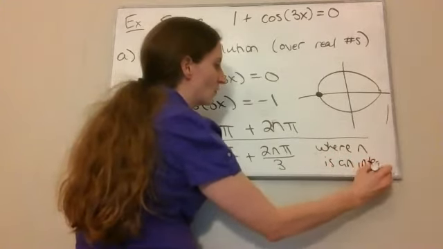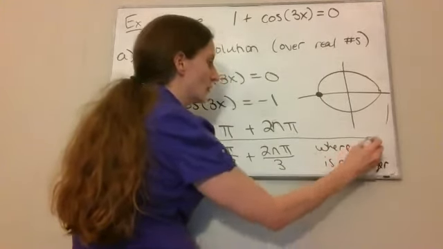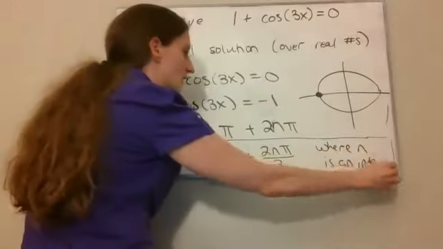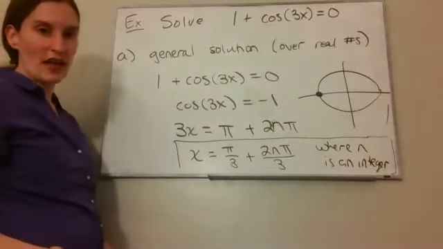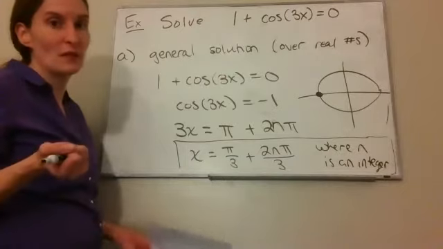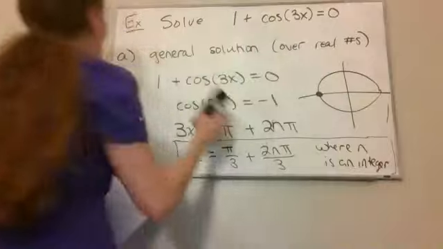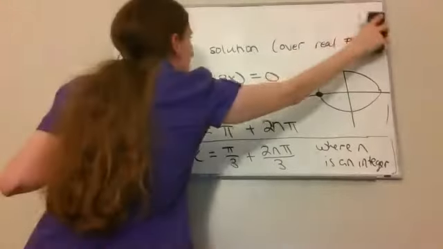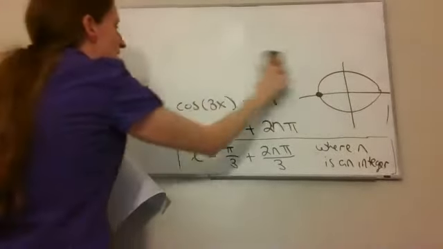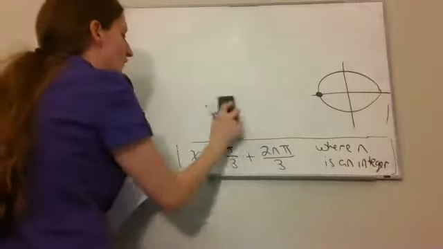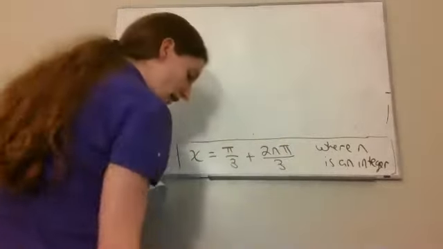So all of those multiples, whole number multiples. So that's my general solution. X is pi over 3 plus some multiple of 2 pi over 3. Now, if I'm going to solve the same exact equation, but just on the interval 0 to 2 pi, how do we do that?